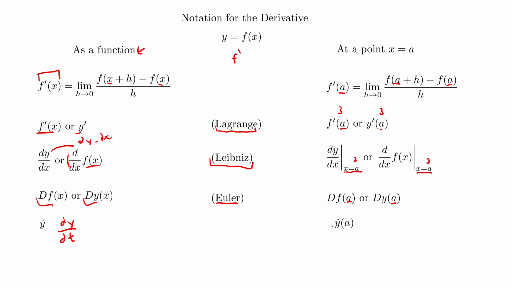And again, at a point, we can use y prime of a. And as I was saying, that was attributed to Isaac Newton, one of the other co-founders of calculus. Again, these notations at the top are probably the most common that I'm going to use. I probably won't even use the other two in this class, but I'm just stating it for familiarity.